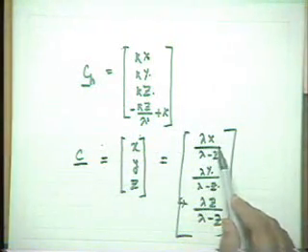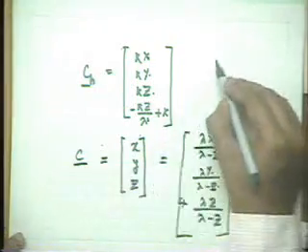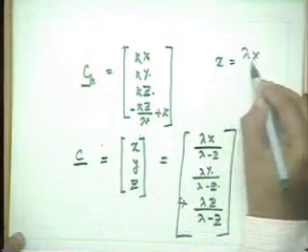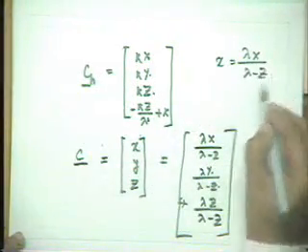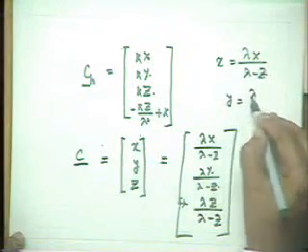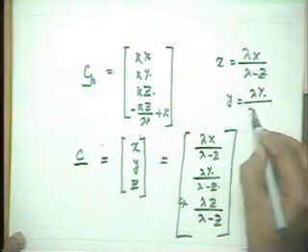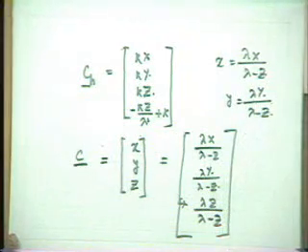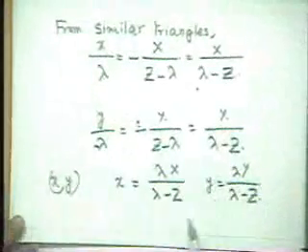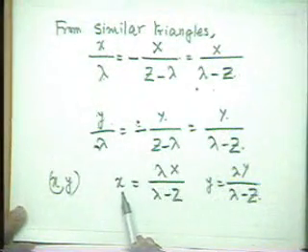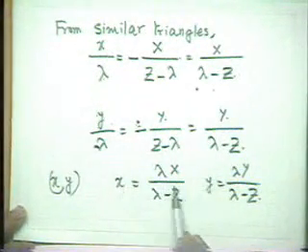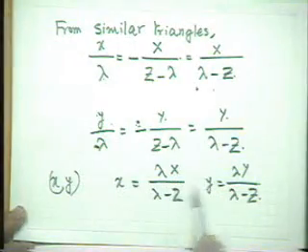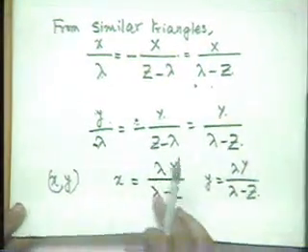Now obviously this means to say that x is equal to lambda x by lambda minus z, y is equal to lambda y by lambda minus z. These two relations we have already got. In fact, if you go back to the earlier thing, you will find that we already got x and y in terms of capital X, capital Y, capital Z and lambda like this.